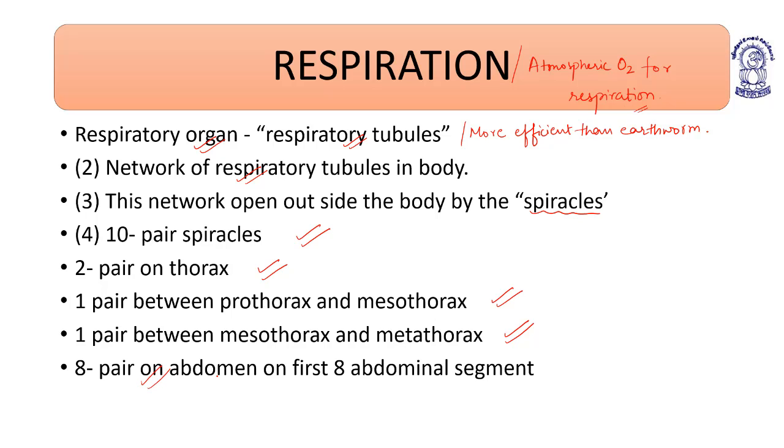Then the other 8 pairs are present on the abdominal segments. So out of 10 pairs, 2 pairs are on the thorax, one between pro and meso, the other between meso and meta.